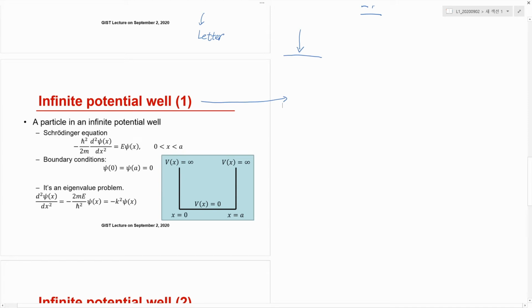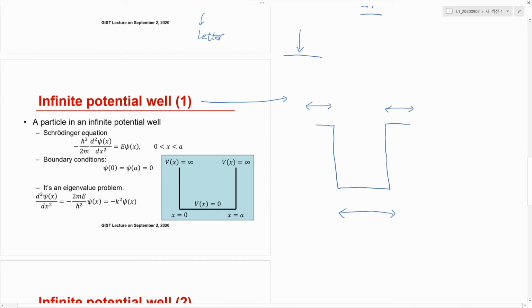The infinite potential well problem is simply given by this potential profile. Here we have a certain area where our electrons can move, and here we have another part where our electrons cannot move or cannot access.